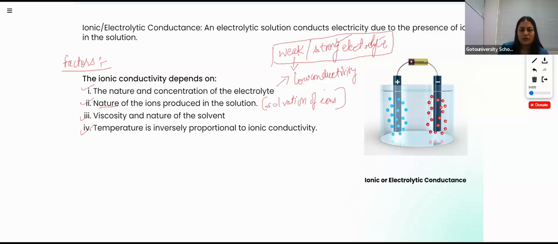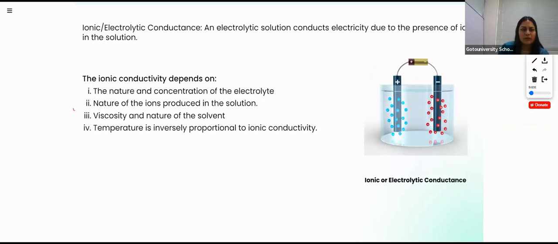If we are using a weak electrolyte, the overall conductivity of the solution will be low. It also depends on the size of ions produced. If the size of an ion is large, then the speed of conductivity will be low.